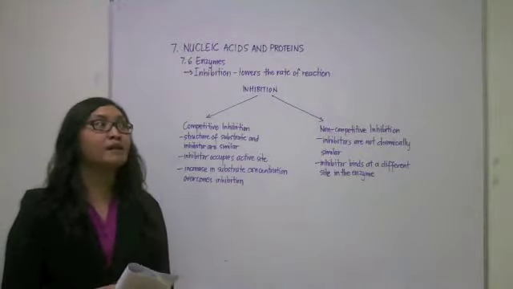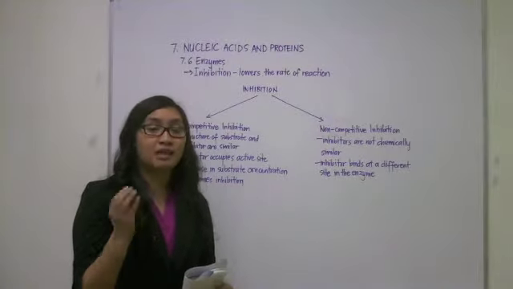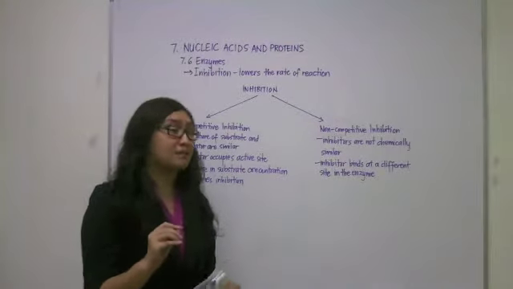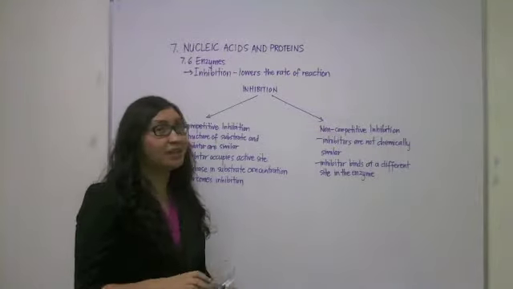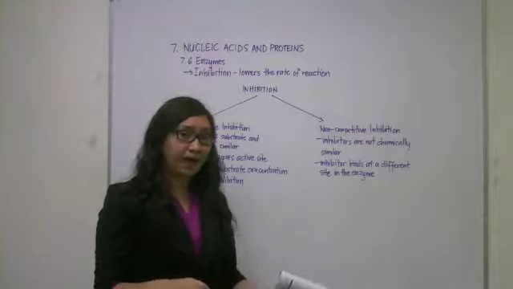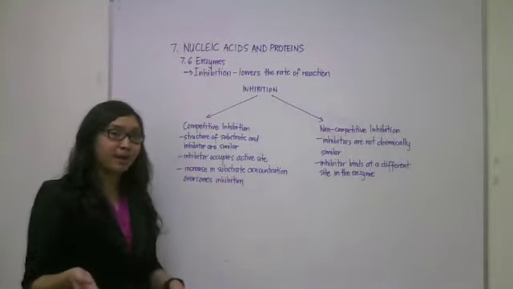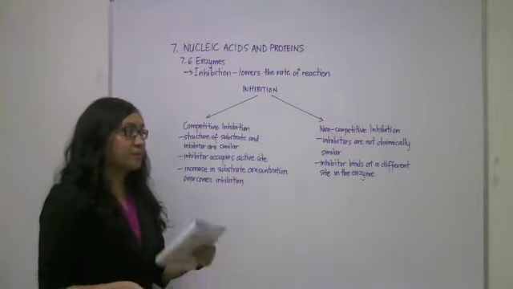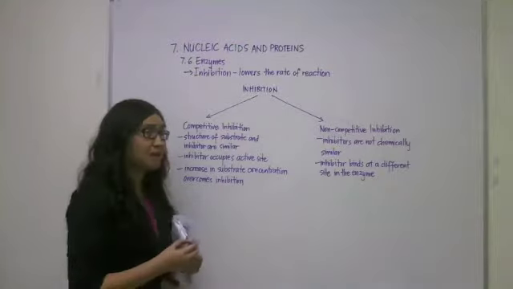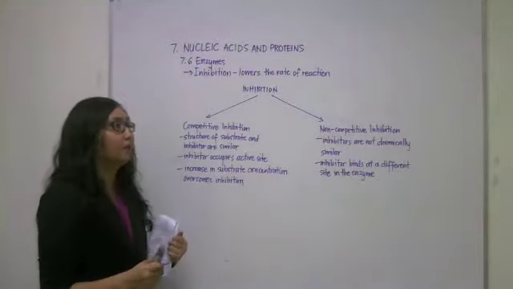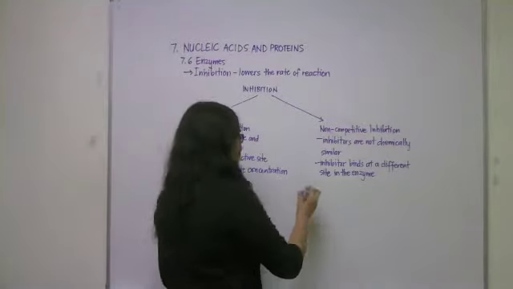Of course, whenever there's a change in the shape of the active site, this also prevents the substrate from binding with the active site. So we cannot actually reverse this chemical reaction. In the case of competitive inhibition, this is a reversible reaction. Non-competitive inhibition is irreversible.